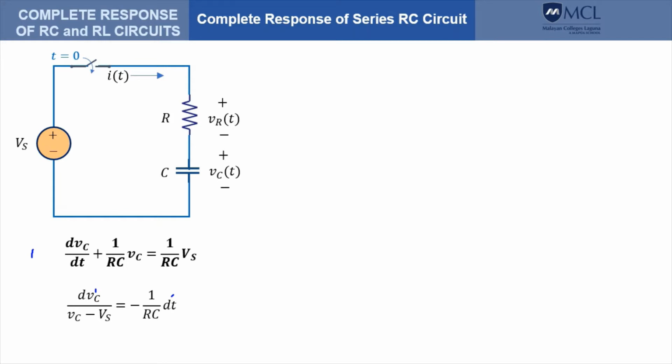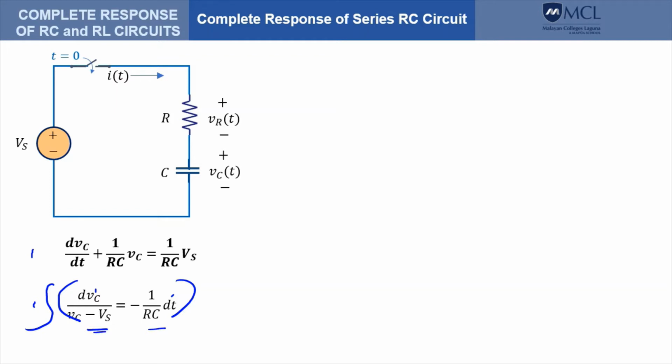I have rearranged this in this manner so that we can solve the differential equation using separation of variables. To solve this, we integrate the equation, which means we need to integrate this and this one.